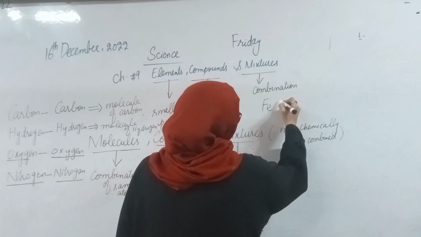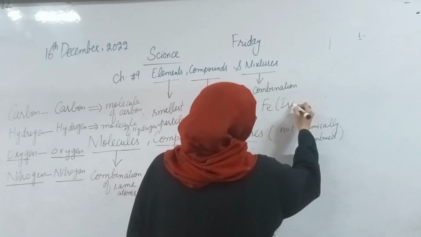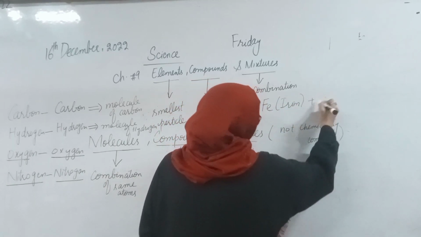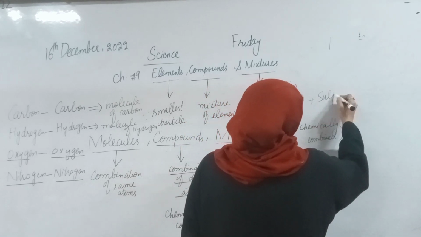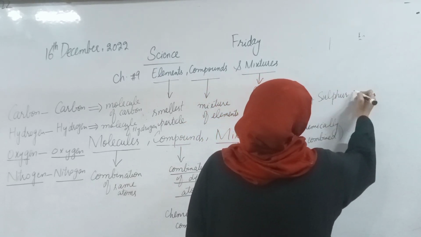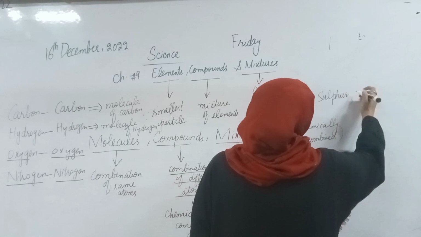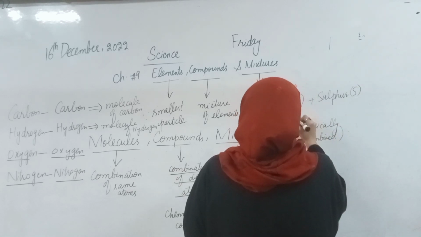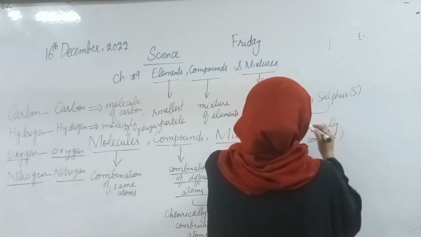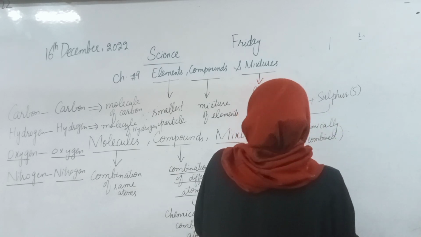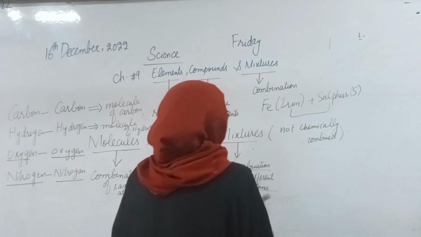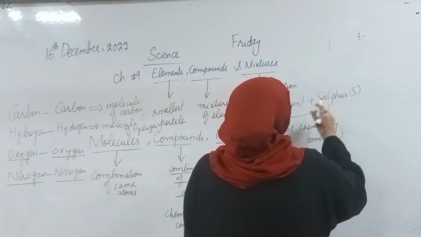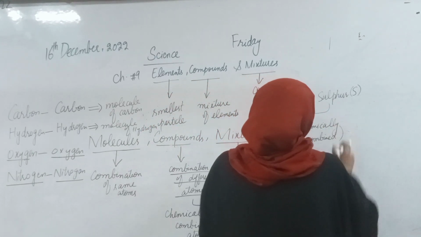For example, I have two atoms, iron and sulfur. Iron and sulfur, they mix. When they chemically combine, then we will say they are making a compound.